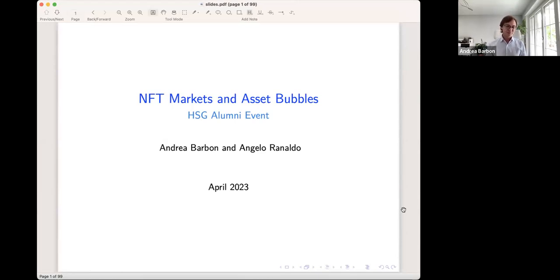Okay, so I'm not sure if everybody here is familiar with blockchain and NFTs. So I will take blockchain as granted. As we hopefully all know, that's distributed ledger technology. It means that it's a distributed or decentralized system that allows to store data, and in particular transactions data.